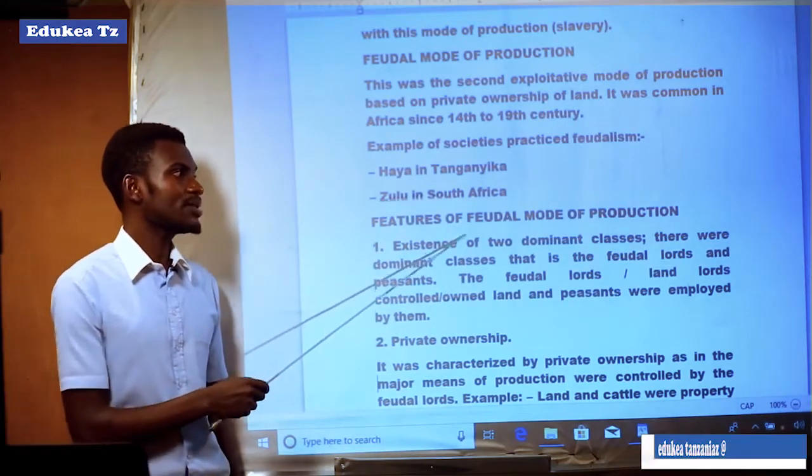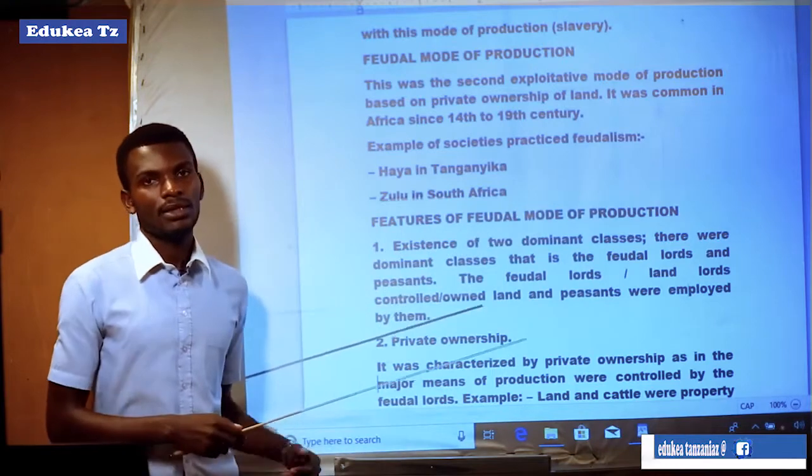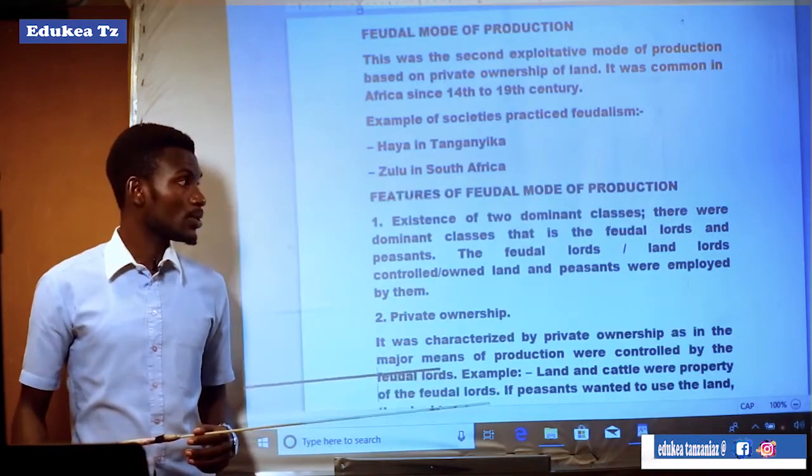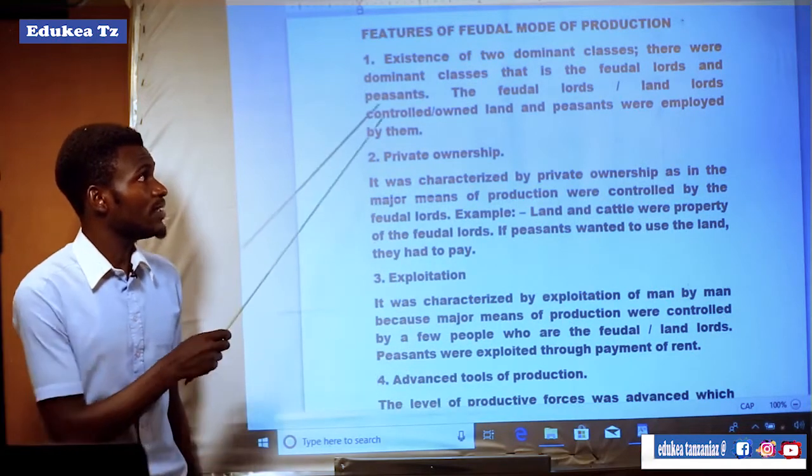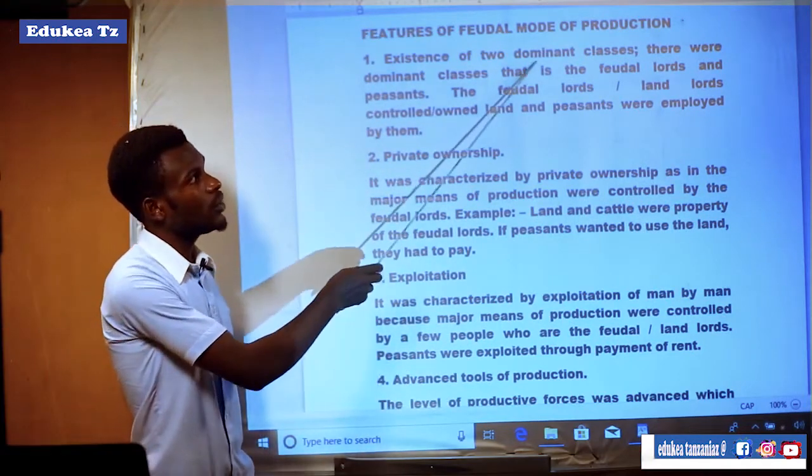Let us see the features of feudal mode of production. What were the features or characteristics of feudal mode of production? The first one was existence of two dominant classes.